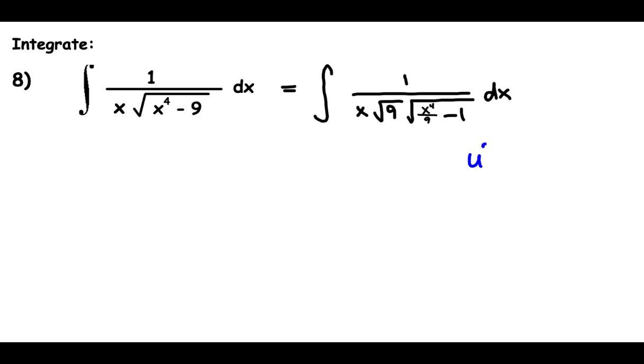Obviously, the u squared has to be that x to the 4th over 9. That's a for sure. That means that u would be x squared over 3, or 1/3 x squared. And then du, to finish it off, is going to be 2/3 x dx.